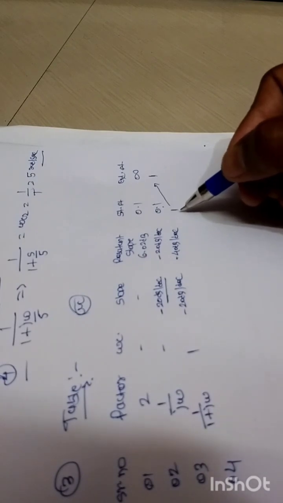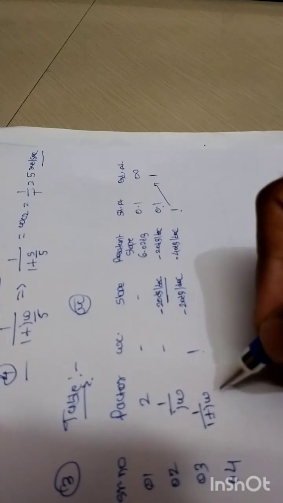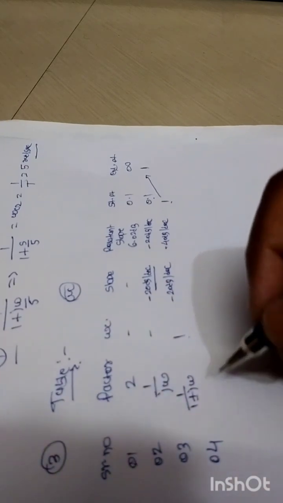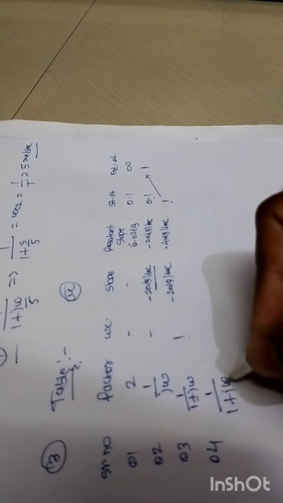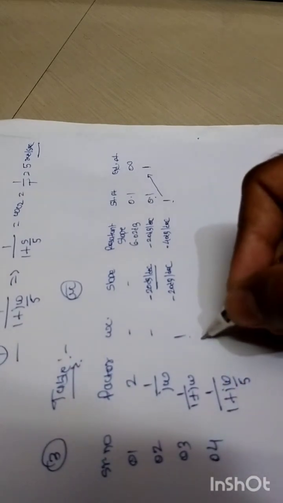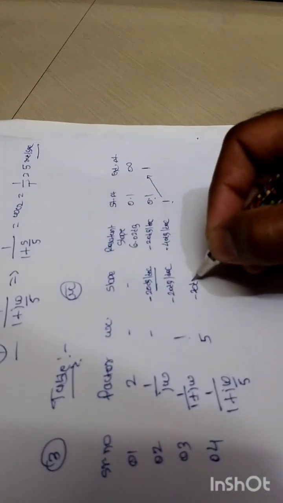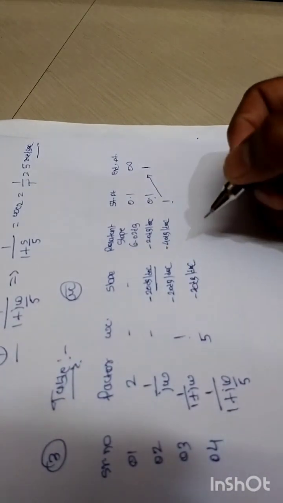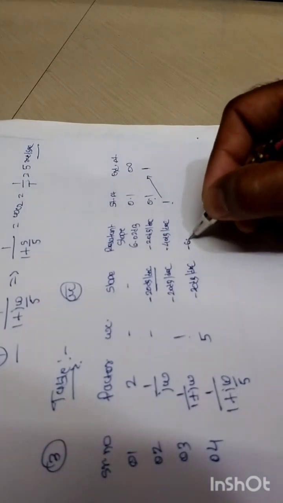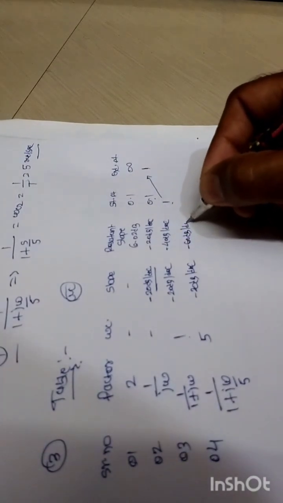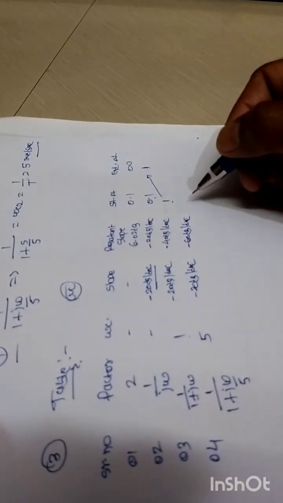Now similarly, before deciding the ending point of this third factor whose value is 1 divided by 1 plus j omega, let us consider the last factor. It is 1 divided by 1 plus j omega divided by 5, whose corner frequency is how much? 5 radian per second, whose initial slope is minus 20 dB per decade, and whose final slope will be minus 20 minus 40, it will become minus 60 dB per decade, and its starting point is nothing but what?